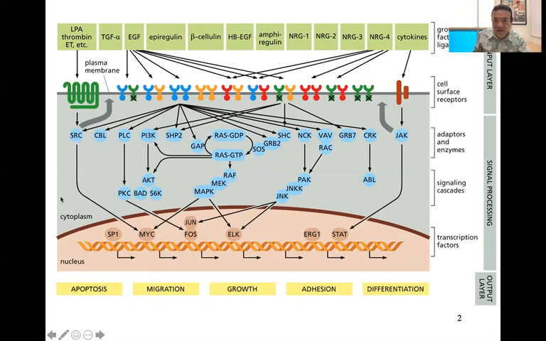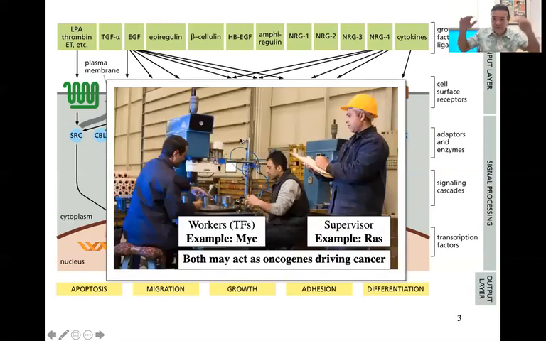And so what I want to remind you of is to look at the different location that these different oncogenes are at in this cartoon. We said that SRC and RAS are more like supervisors, whereas MYC is more like the factory worker.